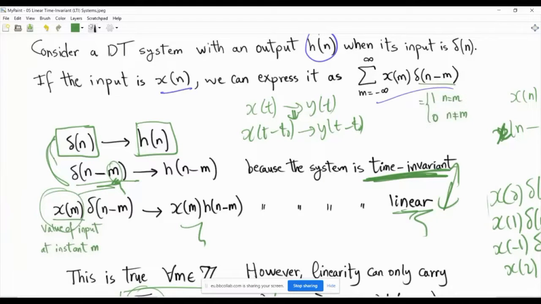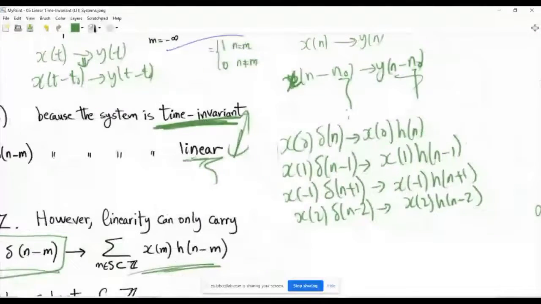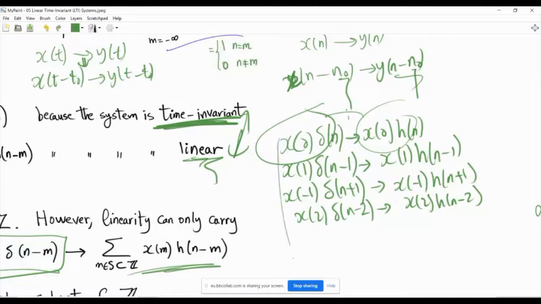To say that delta n produces h of n, so delta n minus m generates h of n minus m, and this is true for any time shift m, requires time invariance. Then to multiply by x of m and to say that the output will be x of m multiplied by h of n minus m requires linearity. But then, we have a bunch of inputs and the corresponding outputs. And what if we sum the inputs?